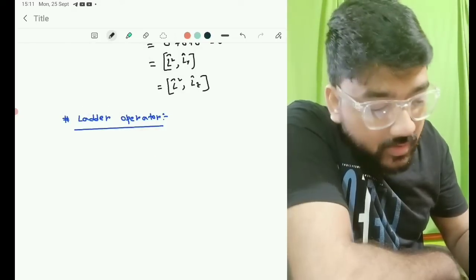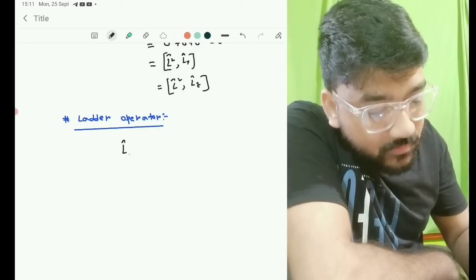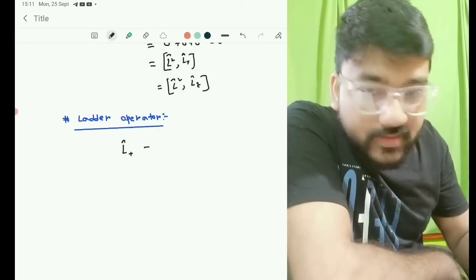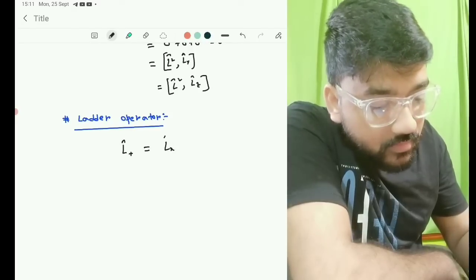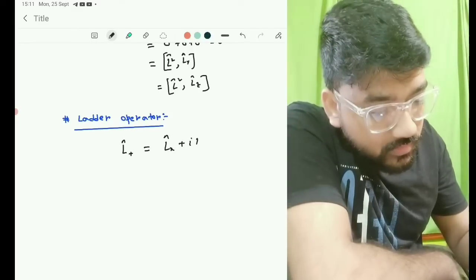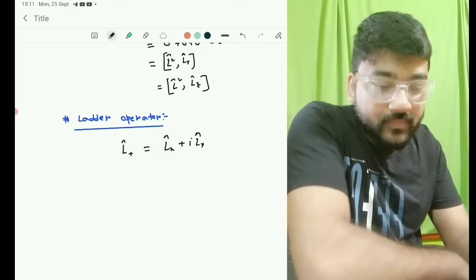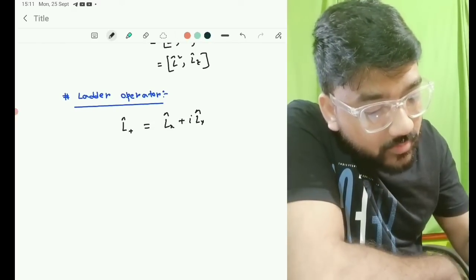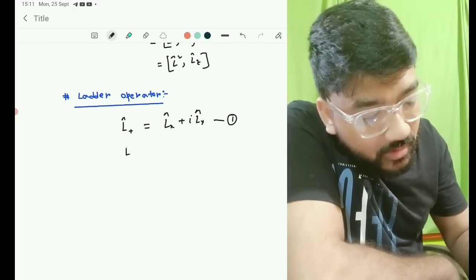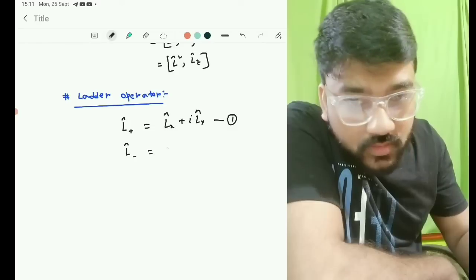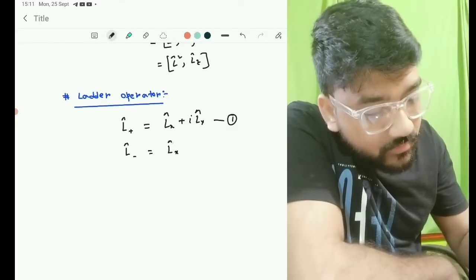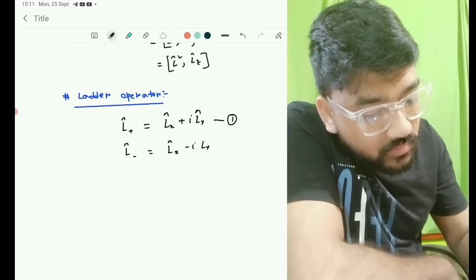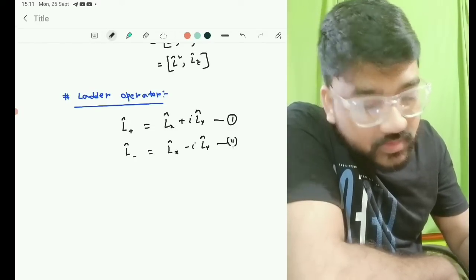The ladder operator has two kinds. One is L cap plus, which is the combination of Lx and Ly, that is Lx cap plus i into Ly cap. And L cap minus is nothing but Lx cap minus i into Ly cap. This is your second result.